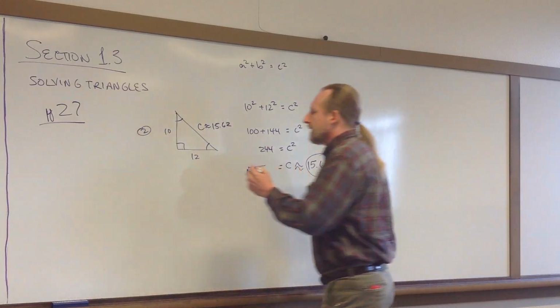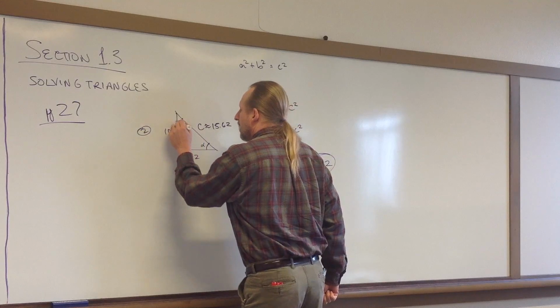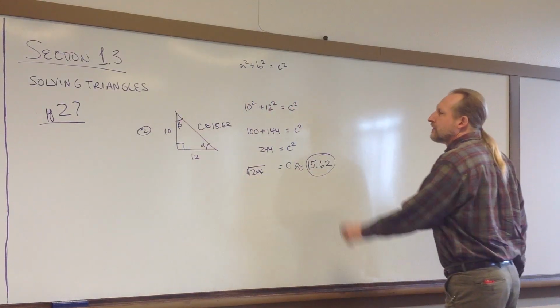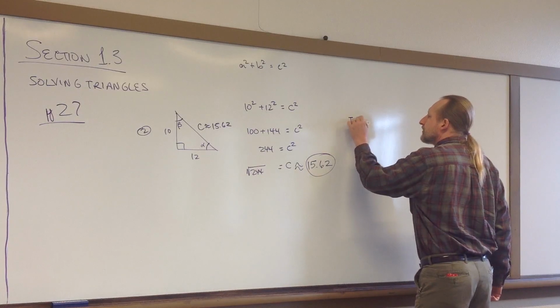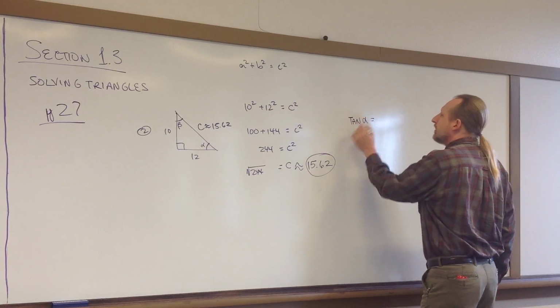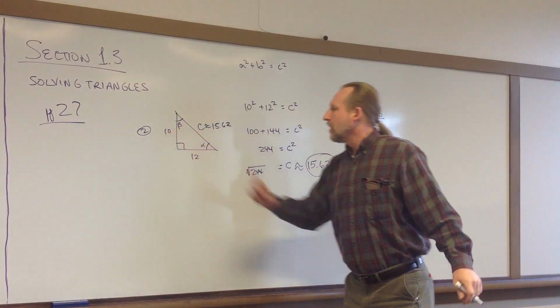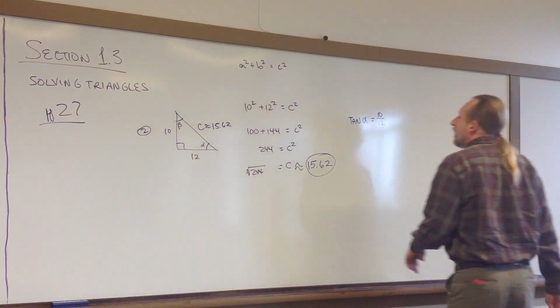I'll call this angle alpha and this angle beta. And so we could say that the tangent of alpha is going to be 10 over 12, the opposite over the adjacent.